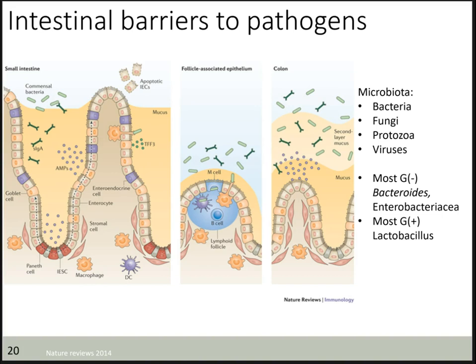So this is showing the intestinal barrier to pathogens. Microbes can come in through the mouth and enter into the stomach and into the gastrointestinal tract, or the GI tract, the intestine. The bacteria in our intestine help prevent infections by colonizing the intestine and also producing antimicrobial factors. These bacteria also stimulate the immune system, so that's what we see here.